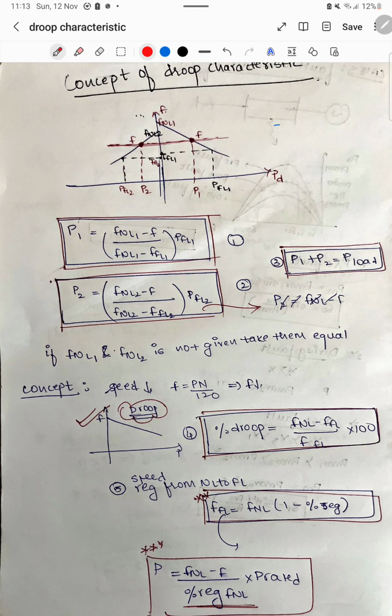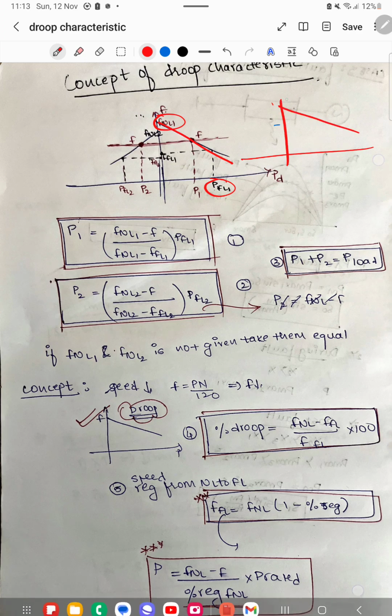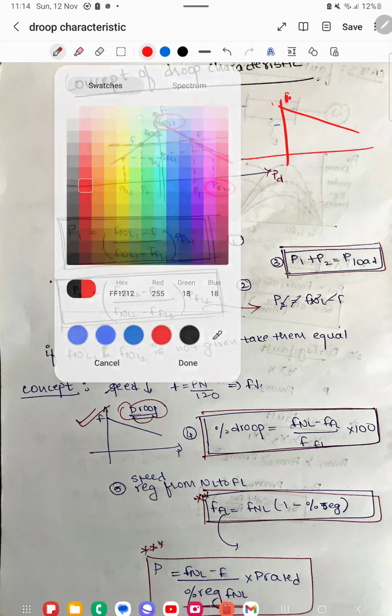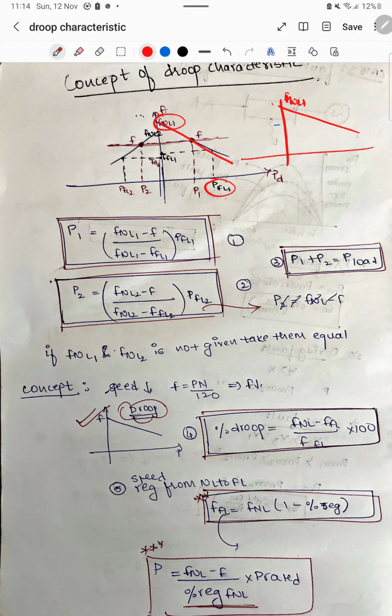Firstly we will draw the characteristic of F no load 1 and P full load 1. With that we'll get one straight line, that is F no load 1 and P full load 1.